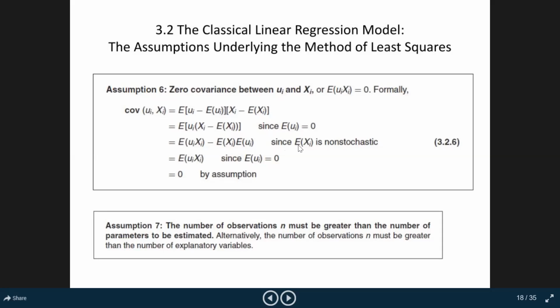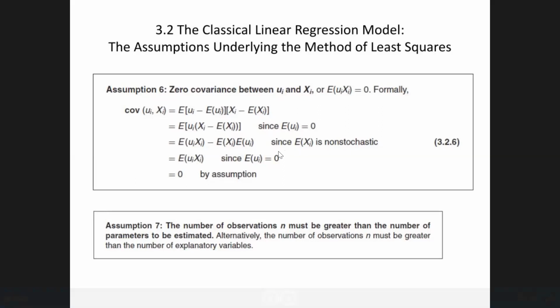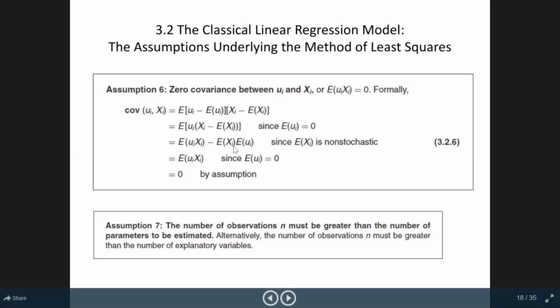Since xi is non-stochastic, as we read in the previous lecture, that in the regression context the independent variable is non-stochastic and the dependent variable is stochastic, which means that the expected value of xi is simply x, because we cannot apply expectation on a non-random term.